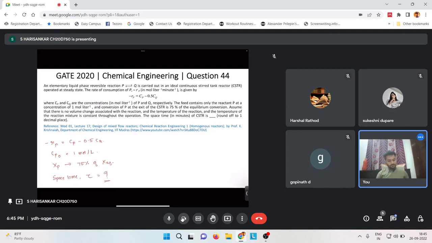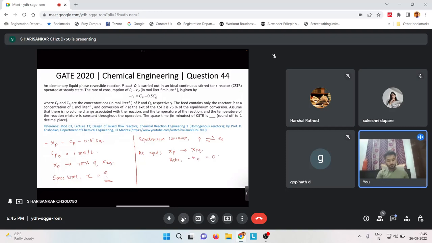Okay. Now let us start with the equilibrium conversion. For equilibrium conversion, we have this equation, P reversibly gives Q. At equilibrium, the conversion will be the equilibrium conversion, and at equilibrium the rate of reaction, or minus Rp, will be 0.